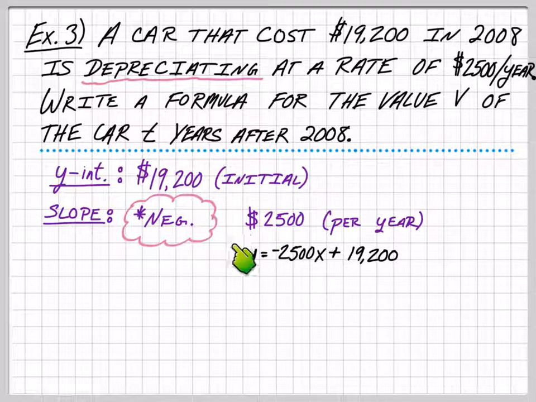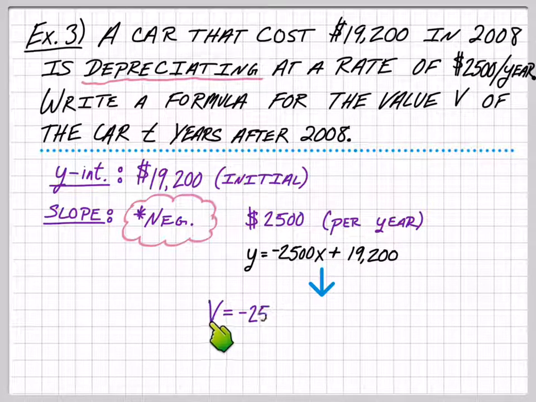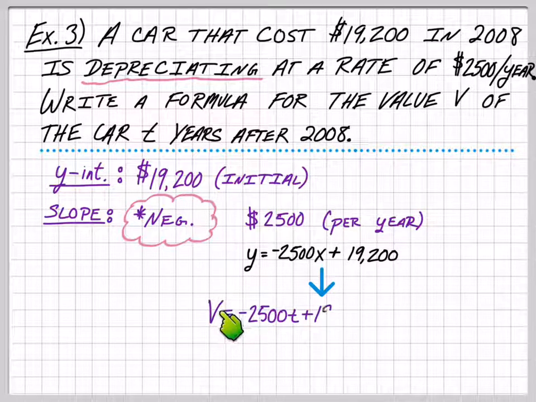The output should be the value. So that should be V, where y is. And then T years after 2008, that's the independent variable, right? Time. So T is going to go where x is. So just to be sure and correct here, the value V instead of y equals negative 2,500T instead of x plus 19,200. There we go.